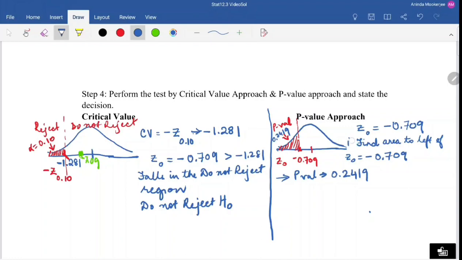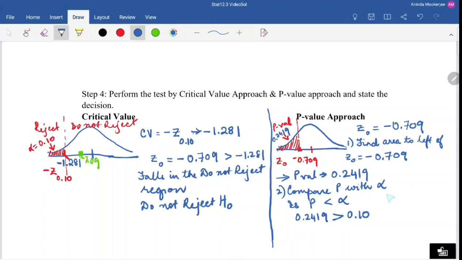So in the second step, this was the first step. In the second step of the p-value approach, we compare p with alpha. All right, is p less than alpha? That's what we are looking for to reject the null hypothesis. So we see the p-value is 0.2419, which is greater than 0.10. I'm sorry, 0.10 is our alpha.